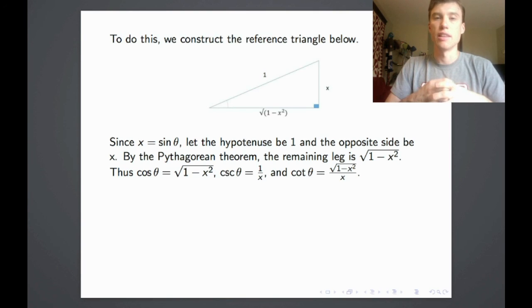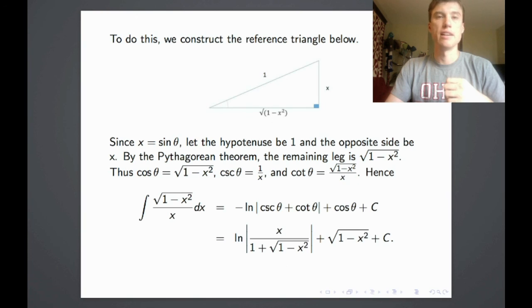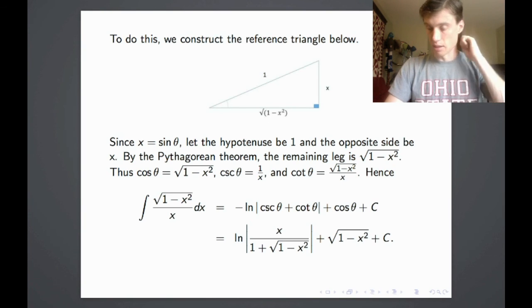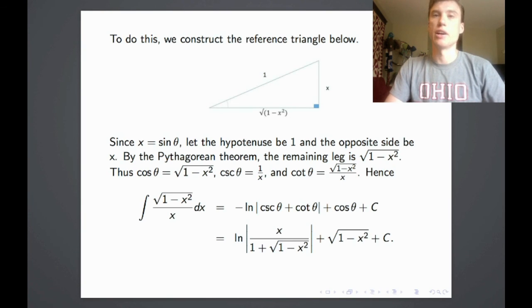Cosecant theta is hypotenuse over opposite, or 1 over x. And cotangent theta is adjacent over opposite, or the square root of 1 minus x squared over x. We can then plug these into the antiderivative we found in terms of cosine theta, cotangent theta, and cosecant theta to arrive at our final solution.